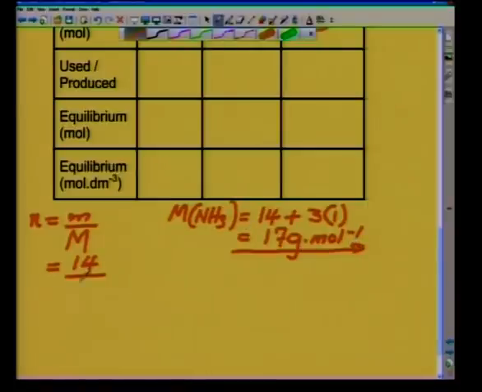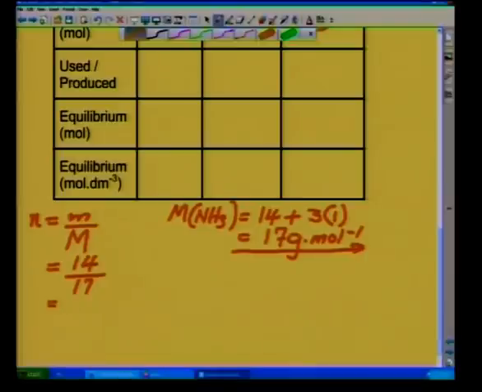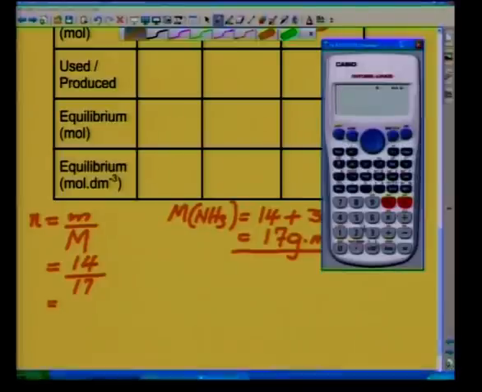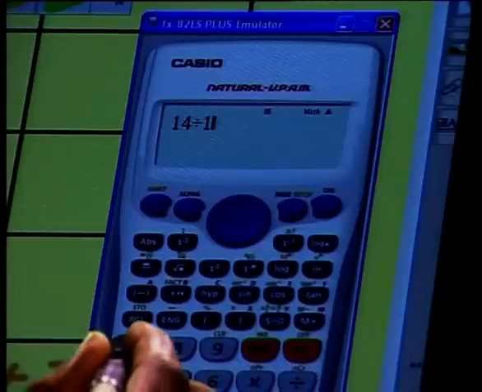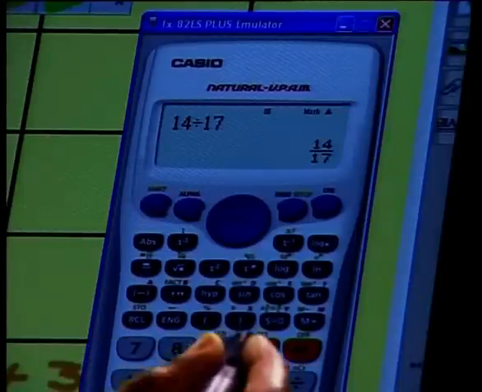And from this, we can put the 17 in place of molar mass in this formula, and we can calculate quickly what the number of moles are here. Now quickly, using the calculator, we can do that. You see here we've got 14 divided by 17, and what's the answer?